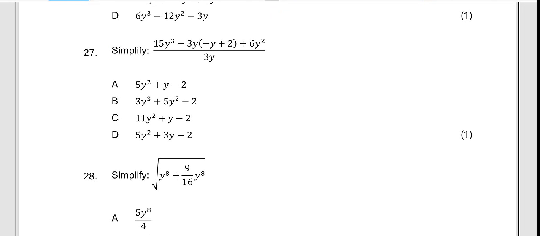Number 27. Let's simplify. 15y to the exponent of 3, minus 3 times minus y gives positive 3y squared. Minus 3y times 2 gives minus 6y, plus 6y squared, divided by 3y.